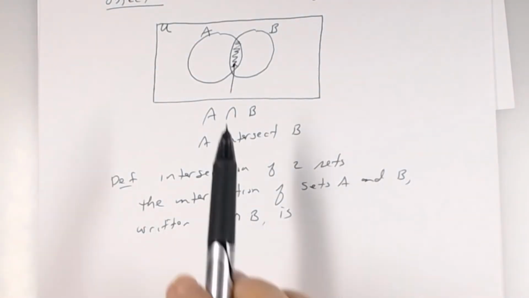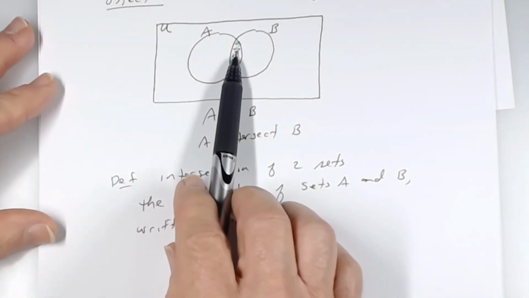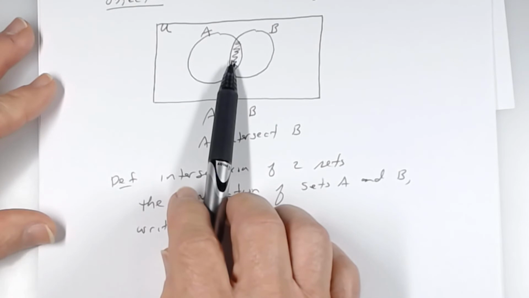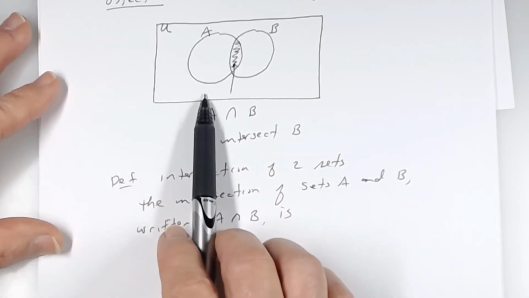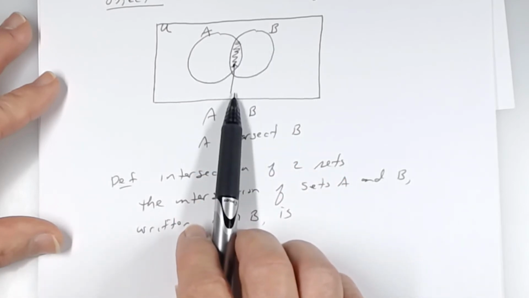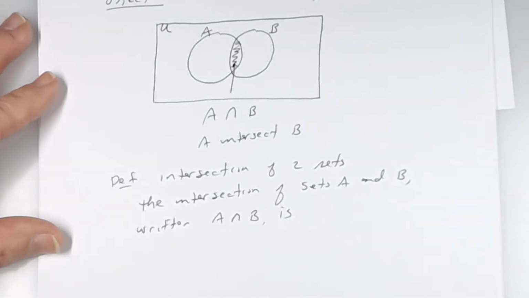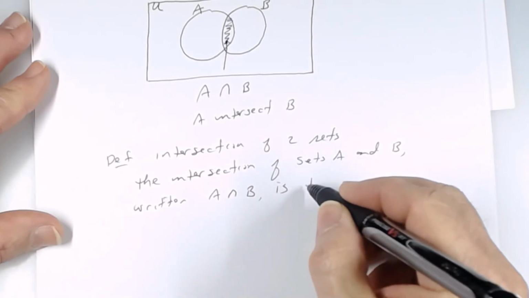If I'm looking at the intersection, then whatever's in that shaded region is in two places. It's in A and what else? And B. It has to be in both A and B for it to be an intersection. Remember the number 4? That's why 4 was in that shaded part earlier.